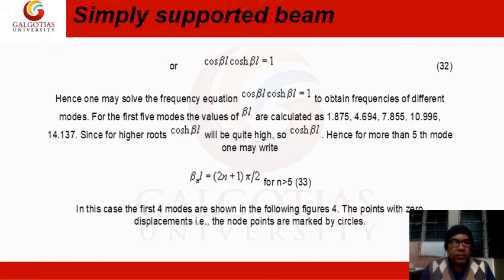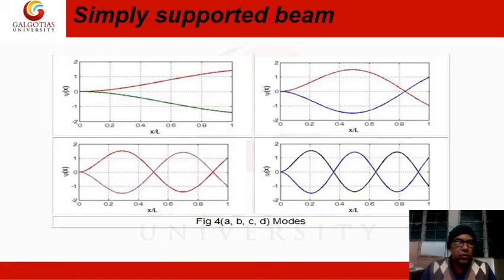In this case, the first four modes are shown in the following figure. The points with zero displacement, that is, the node points, are marked by circles. This is the psi function for the single mode, double mode, third mode, and fourth mode, so you can see how these functions behave.